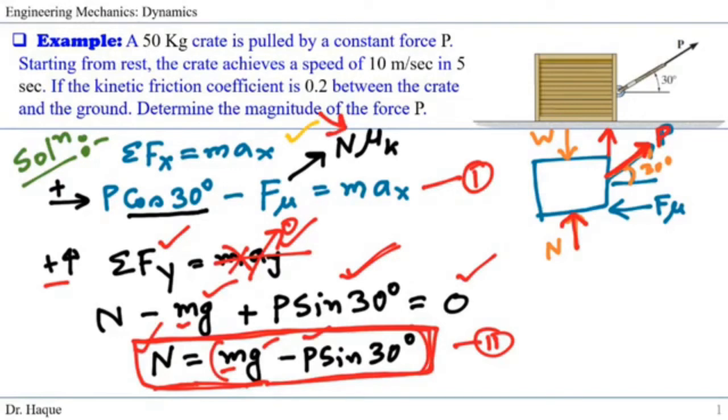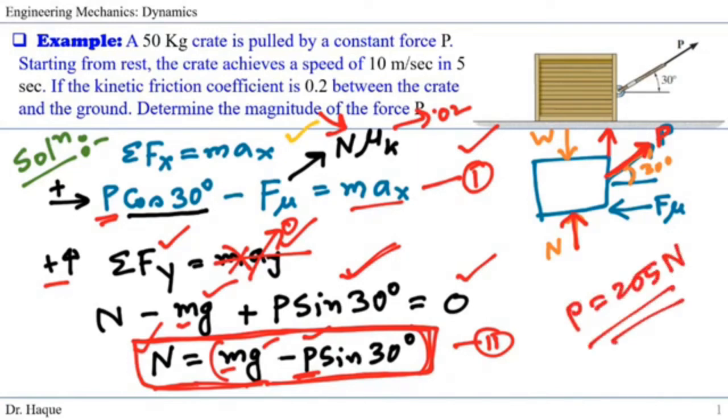So this equation will have only the unknown P, and we know mu_k is 0.2, so we have only one unknown. If you solve for P, you will find P equals 2.5 Newton.